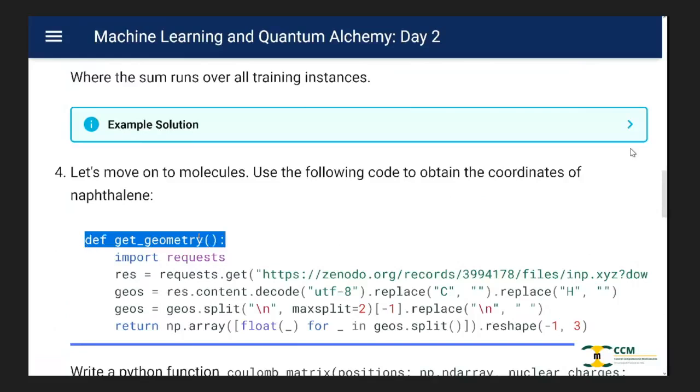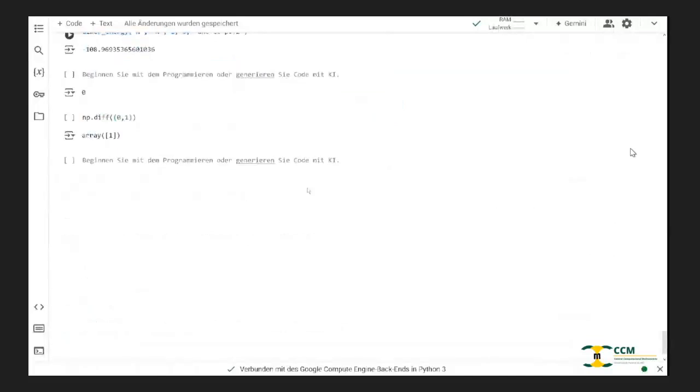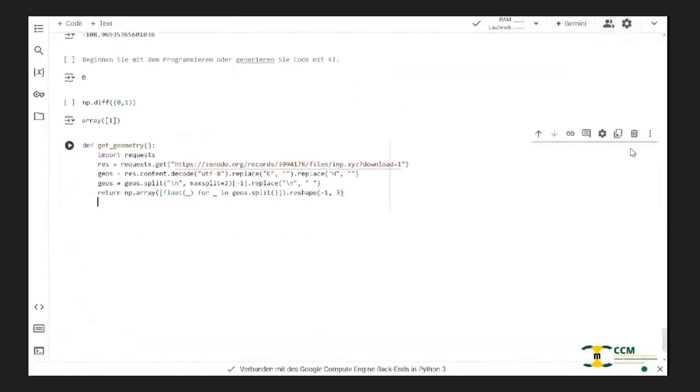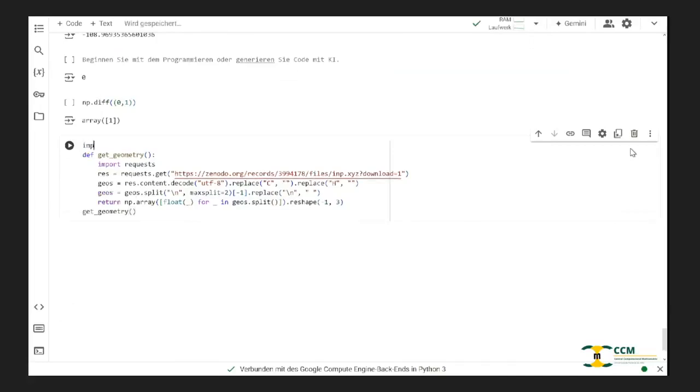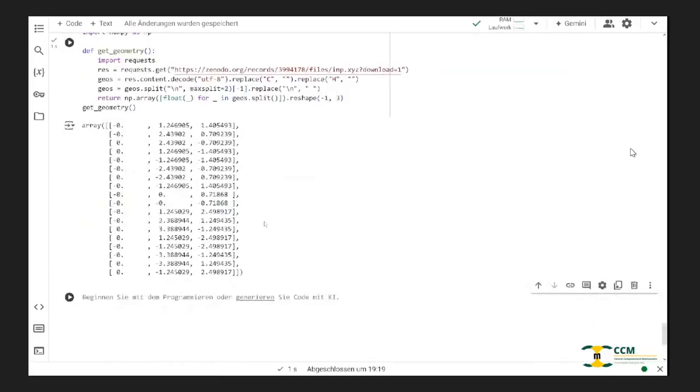So we need this. So you get geometry. We need NumPy for that. And that was the matrix of the coordinates, right?